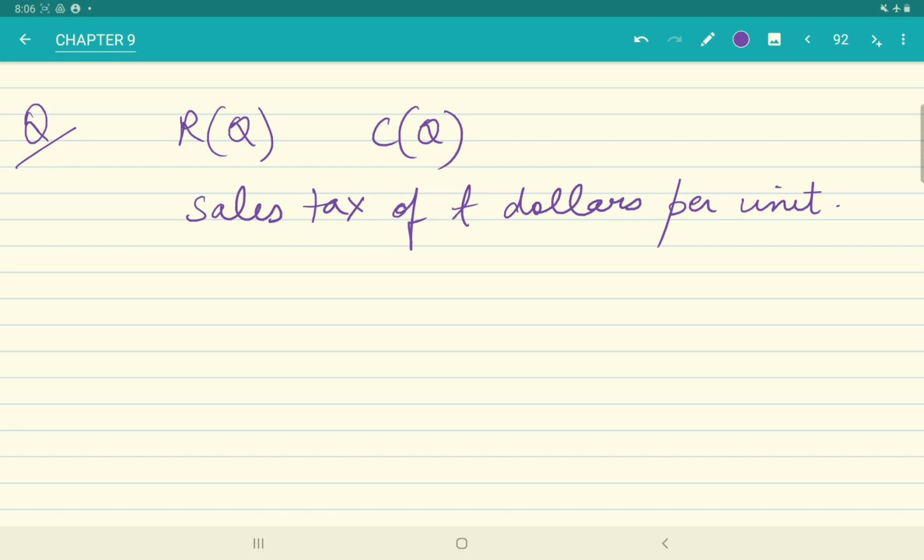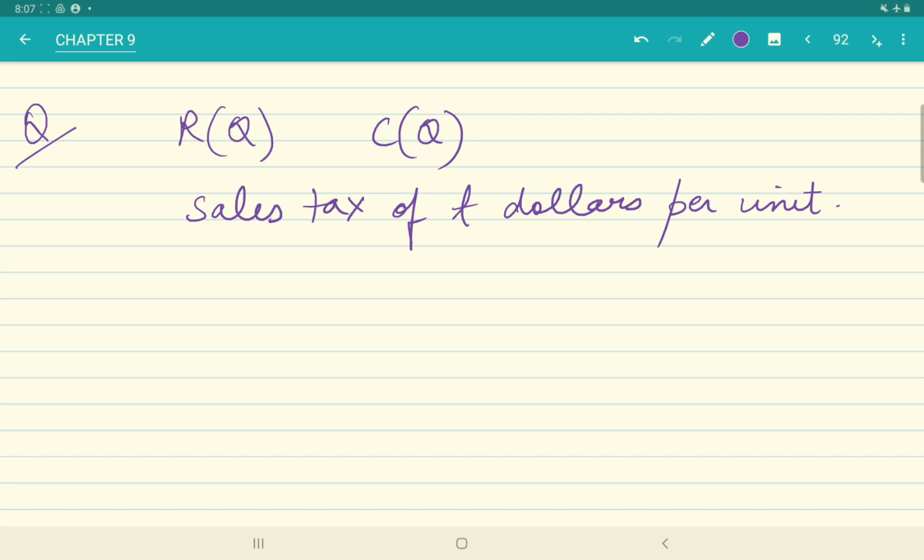So R and C are differentiable in 0 to Q bar, and obviously pi is also differentiable in 0 to Q bar.